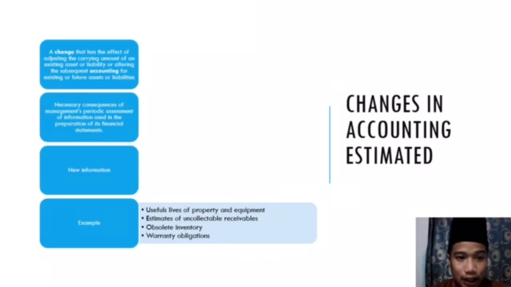A change that has the effect of adjusting the carrying amount of an existing asset or liability, or altering the subsequent accounting for existing or future assets or liabilities. These are necessary consequences of management's periodic assessment of information used in preparing its financial statements.